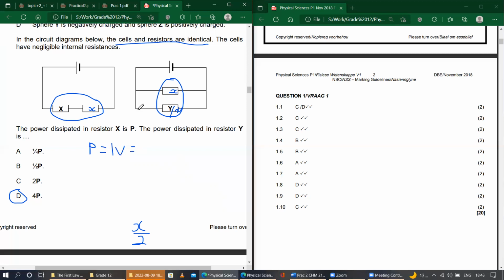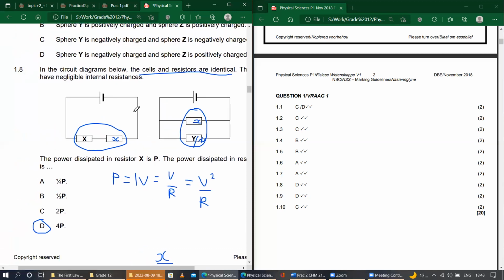Since we know that I is equal to V over R, it's going to be 1.8.